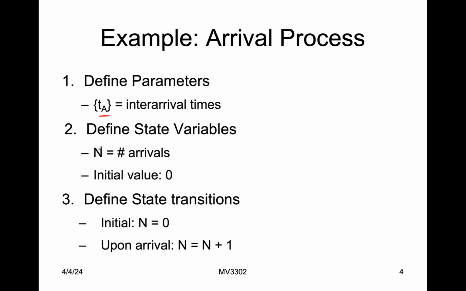Our state variable, we called it n, the number of arrivals, initial value 0, and then the state transition. Initially n is 0, and then upon an arrival, n goes up by 1. Again, simplest possible non-trivial state event graph.